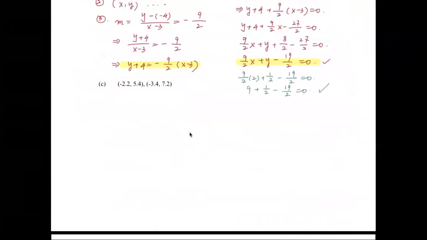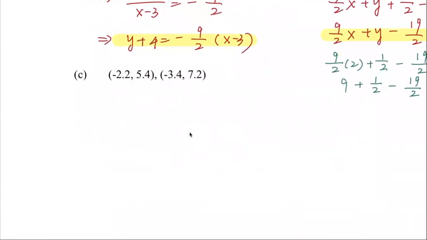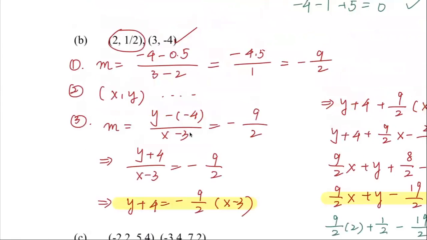Okay, part C, I'm not going to do part C because I'm lazy. It's because the numbers here are very annoying. I don't like messy numbers because they don't contribute anything more than the first 2 questions.